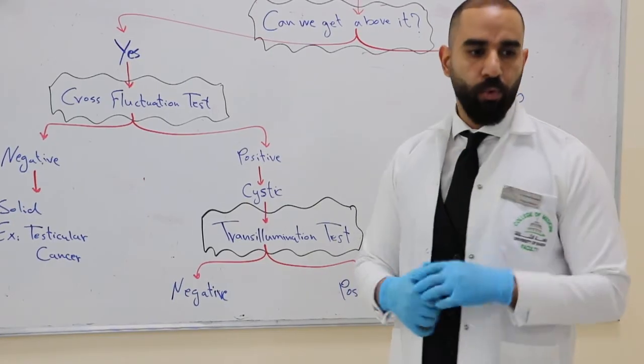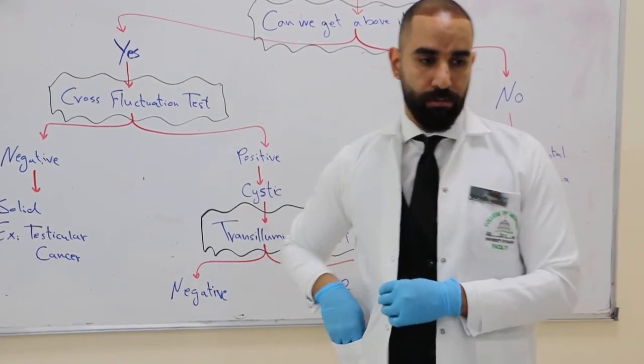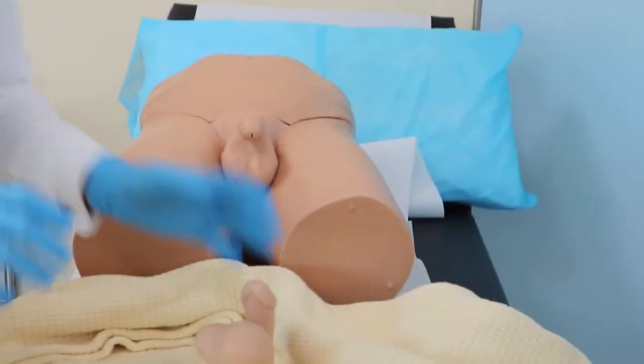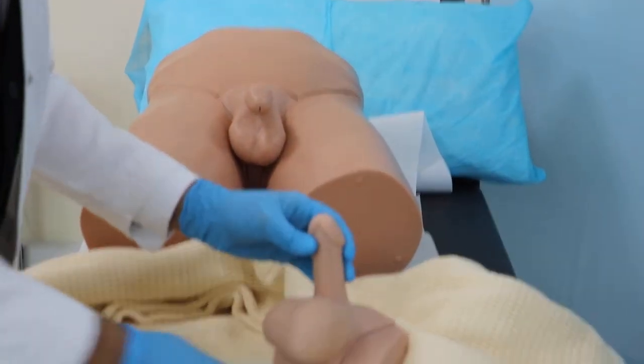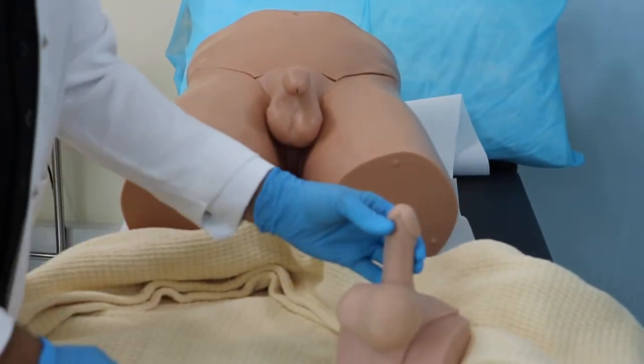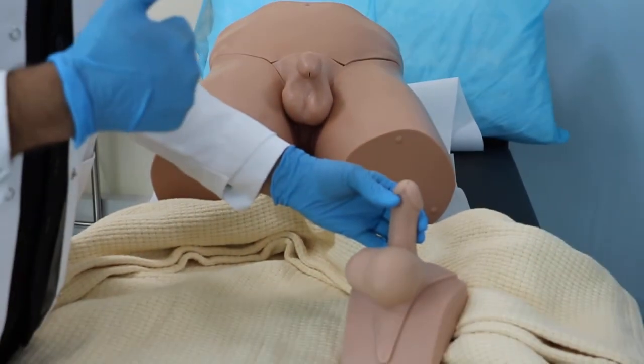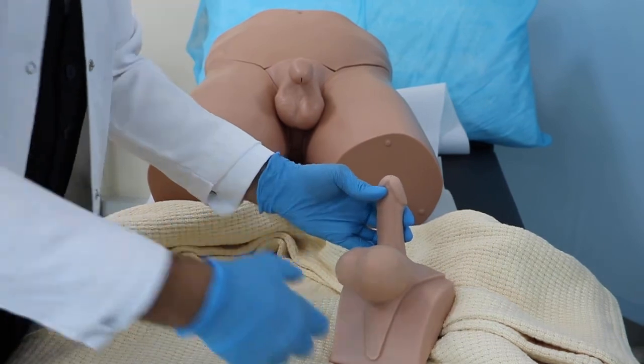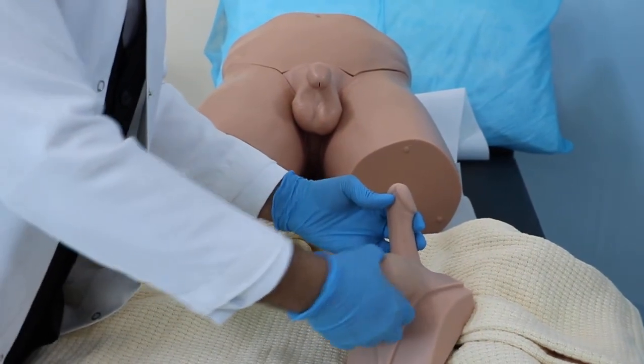Now, let's see how we clinically perform these examinations. So let's go back to the mannequin that we have, which has the swelling. So first of all, we said we have a testicular swelling. The first question we asked ourselves is, can we get above it? So this is the swelling I have.